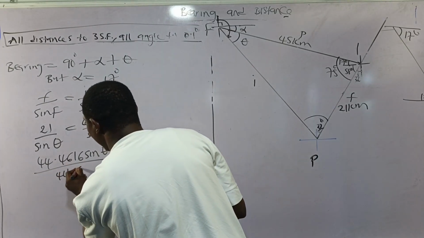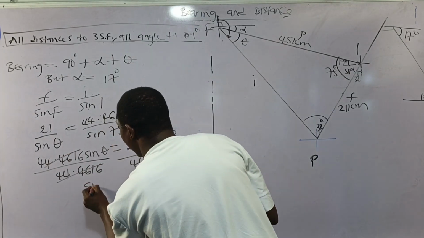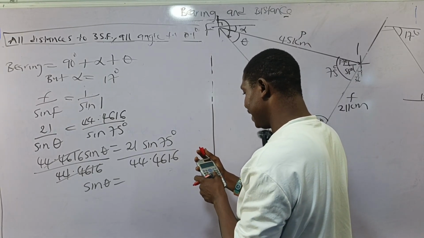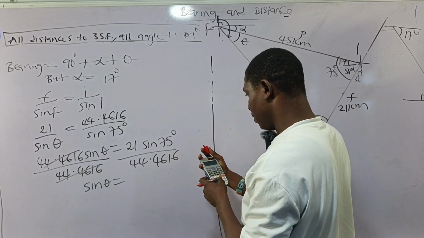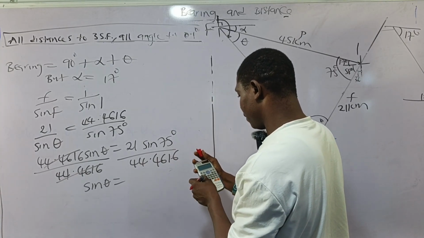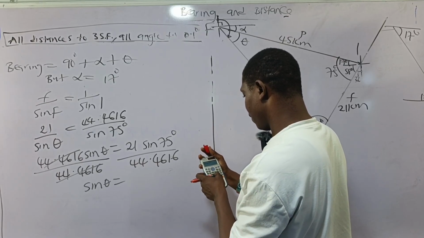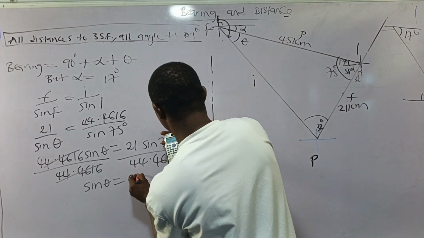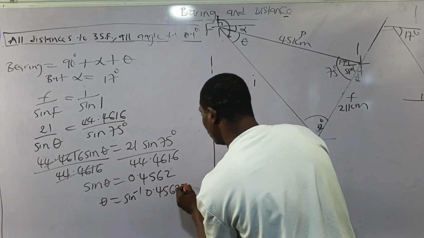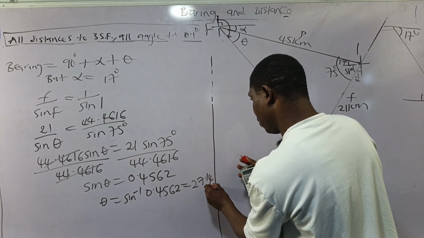And I'll divide through by 44.4616. This will cancel, and I'll have sine theta equal to 21 sine 75 over 44.4616, and I'll have 0.4562, and theta will be equal to sine inverse of 0.4562, which will be shift sine of my answer, giving me 27.14 degrees.